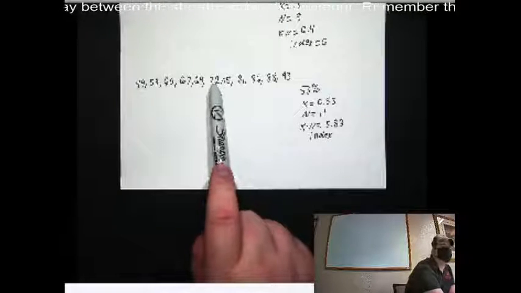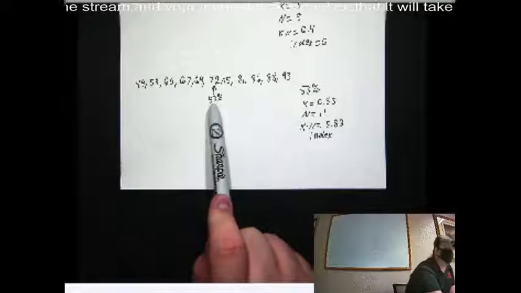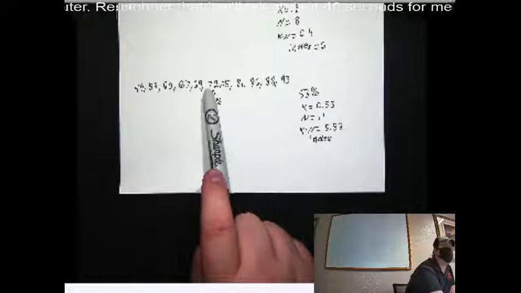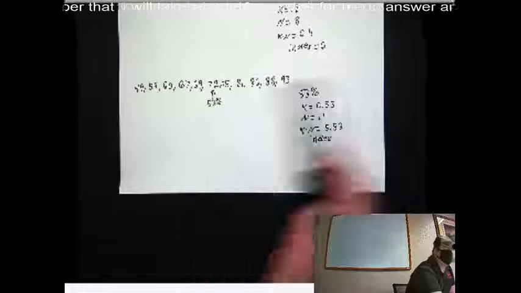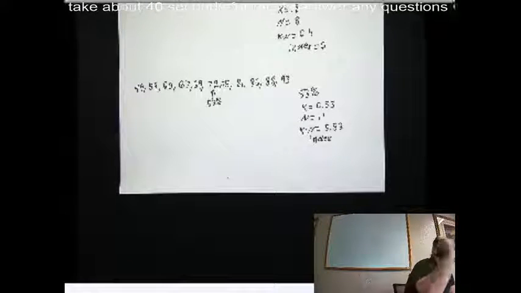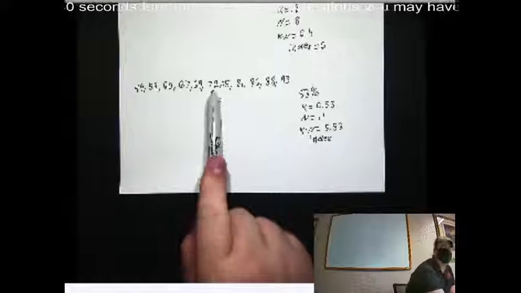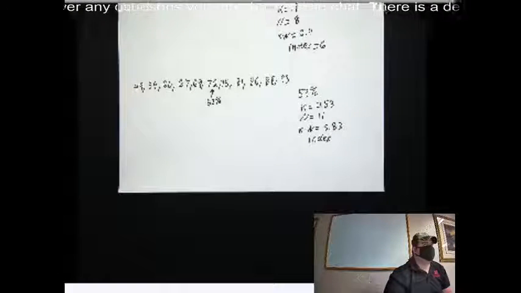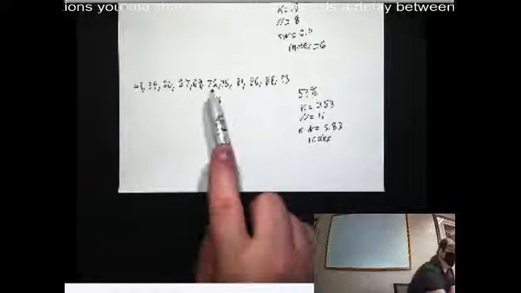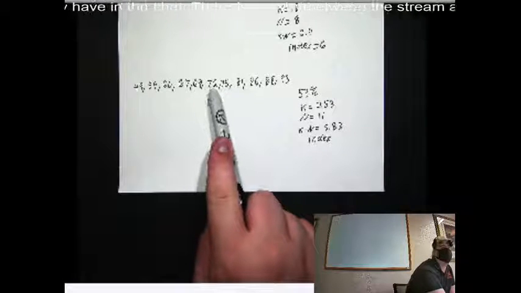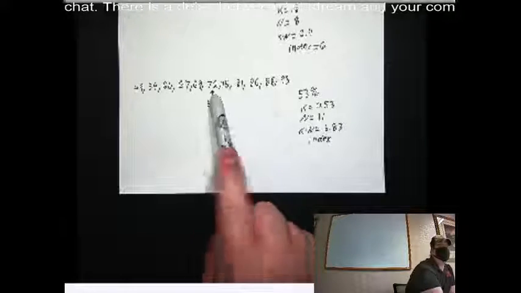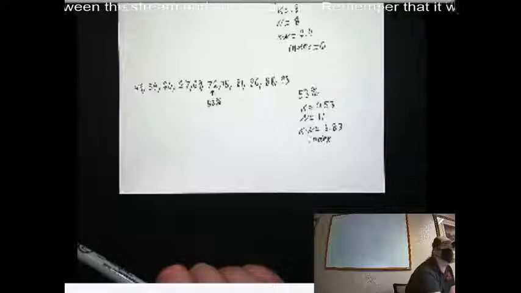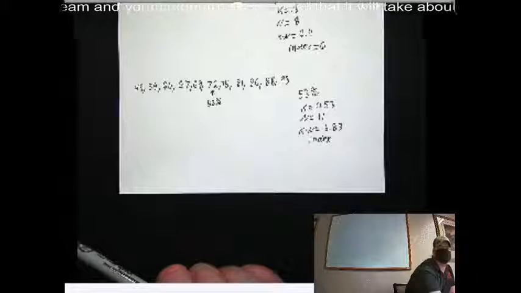This is not exactly 53% of our data. This is where we have reached it. So somewhere in here, between 69 and 72, is actually where we have gotten to 53%. But so that we know where in our data that actually occurs, not just some number between our data points, but actually a data point, we use a whole number to figure out where that goes. Okay? Any questions?